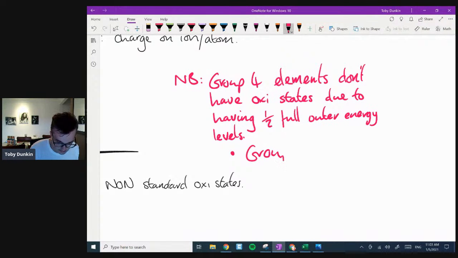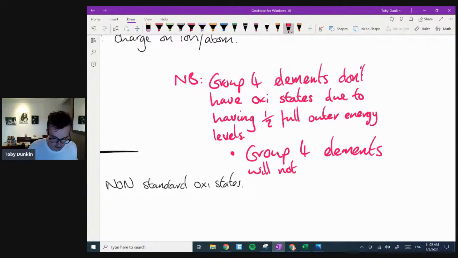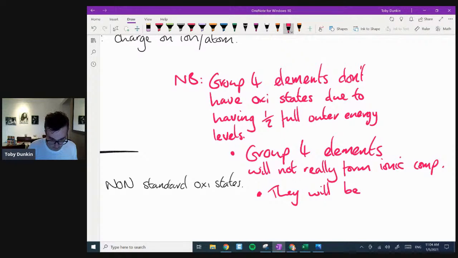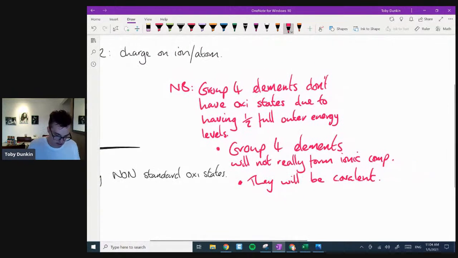Group 4 elements will not really form ionic compounds. Yet they're going to be covalent. So that's the little nota bene.